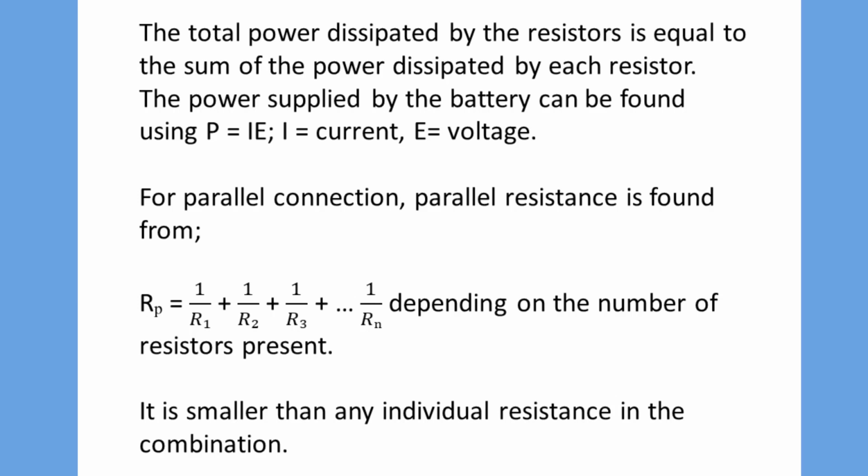For a parallel connection, parallel resistance is found from 1 over R subscript P is equal to 1 over R subscript 1 plus 1 over R subscript 2 plus 1 over R subscript 3 plus, till 1 over R subscript n, depending on the number of resistors present. And it is smaller than any individual resistance in the combination.